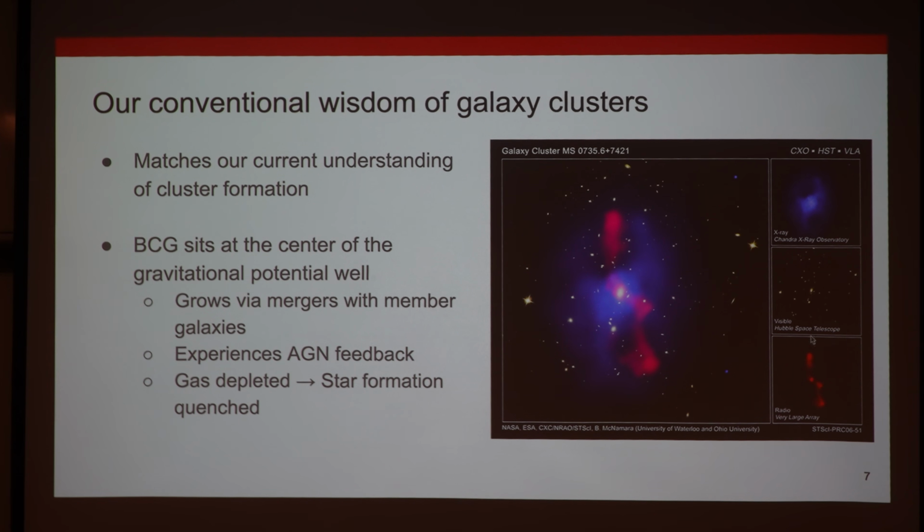But then if you observe it in the radio, you can see the emission of the radio coming from here and here, which they believe is the AGN jet coming from the supermassive black hole in the center of the BCG. So a tiny dot inside the BCG, the black hole is inside of that, and the jet is so much bigger, and it's creating all this red emission in the radio.